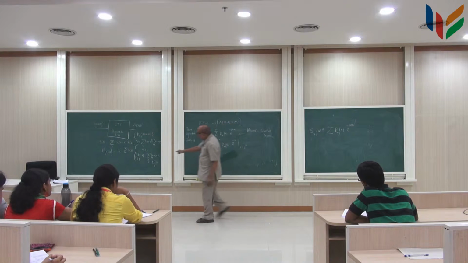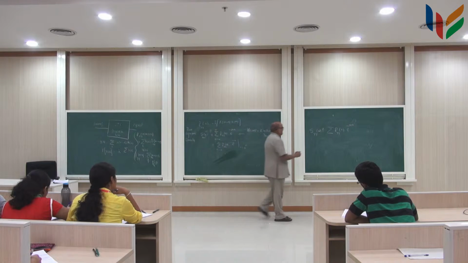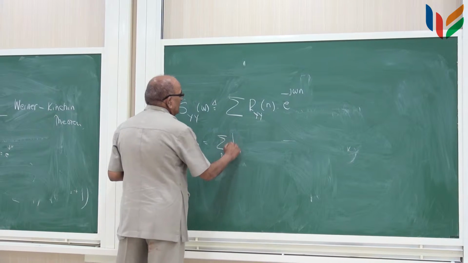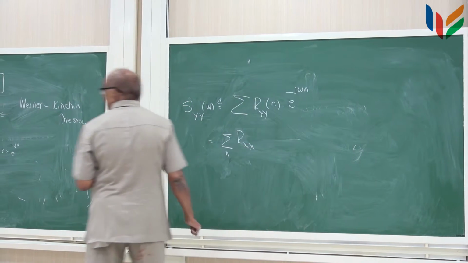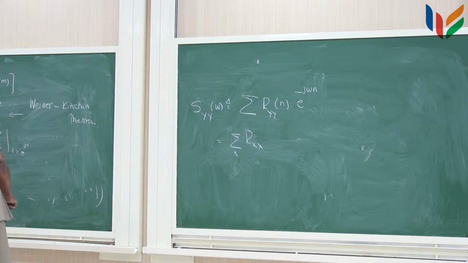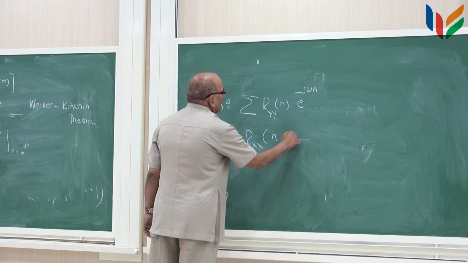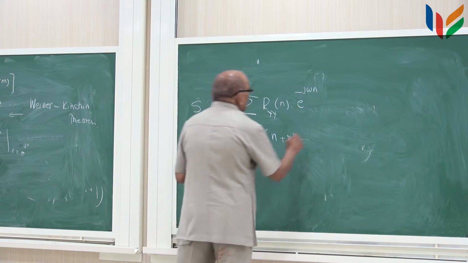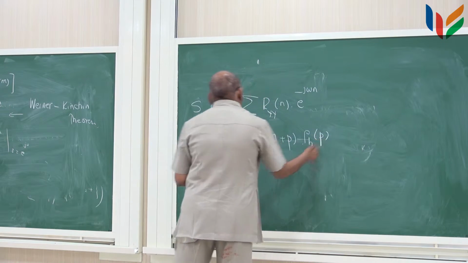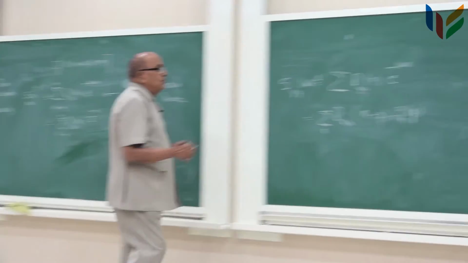Now I can substitute this in that, into e to the power of j omega n.